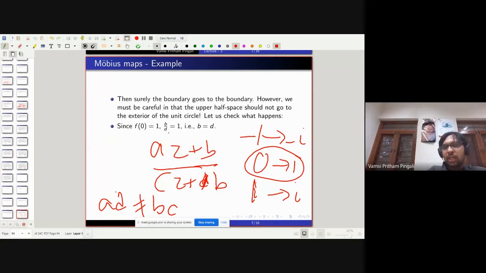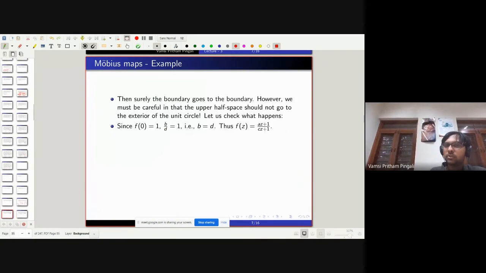So in other words, ad should not be bc, that means b should not be 0. So we can divide by b and pretend that it is actually 1. Okay? So maybe I should have written a tilde and c tilde. They are two different constants, but that's okay. We can abuse notation and write them as a and c.